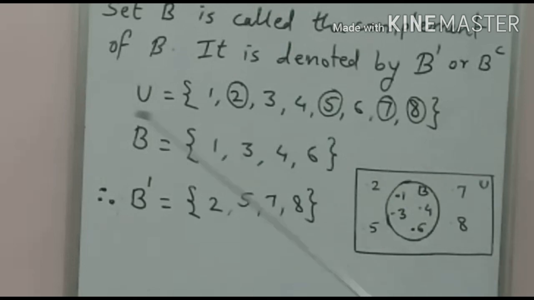The universal set has elements 1, 2, 3, 4, 5, 6, 7, 8, but the elements 1, 3, 4, 6 are in set B, and hence we draw one circle inside the rectangle, and first we write the elements of B. Here we name that set B. We write those elements 1, 3, 4, 6, and the rule is that we write each element once only, and therefore 1, which is in the circle, is also in U.